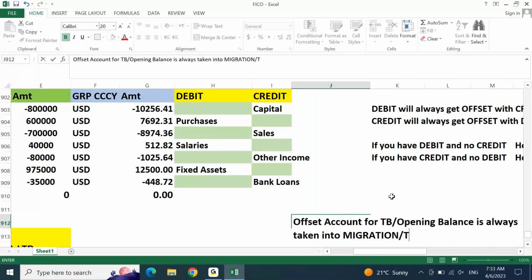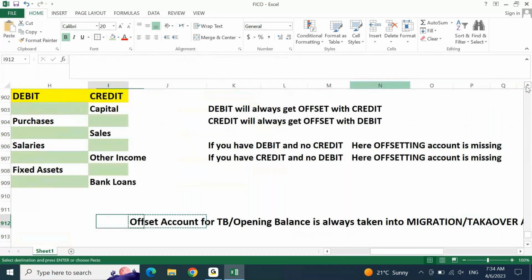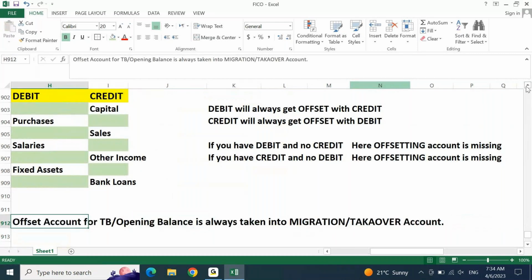Migration or takeover account. Which account will you take this balance into? You will be taking it into either the migration account or the takeover account.